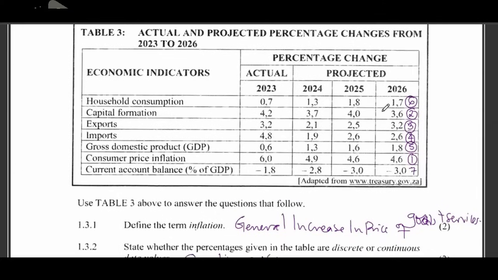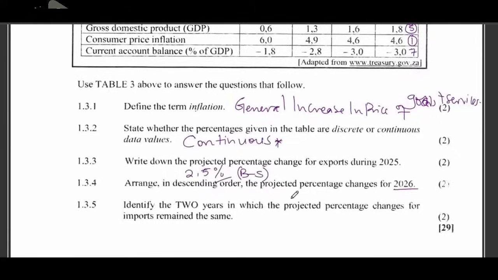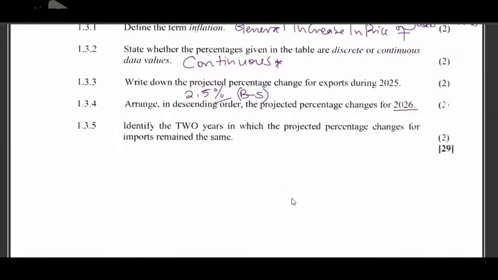In descending order, 2026, we shall start with 4.6, 3.6, 3.2, 3.0, 2.6, 1.8, 1.7. Then finally we have negative.